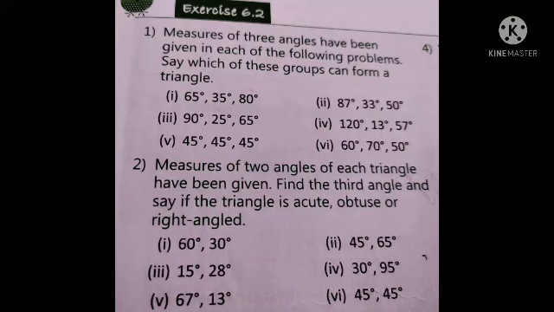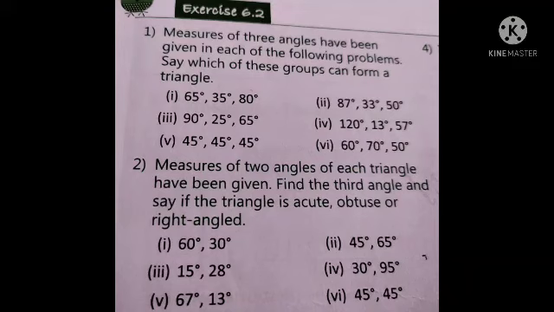Okay, so I repeat, for the first question, 60 and 30 are the two angles given. Add these two angles: 60 plus 30 is obviously 90 degrees. And what will be the third angle? The third angle will be 180 minus 90 equal to 90 degrees.